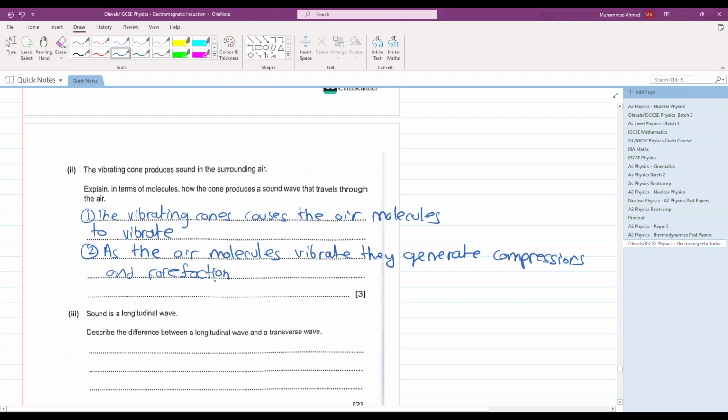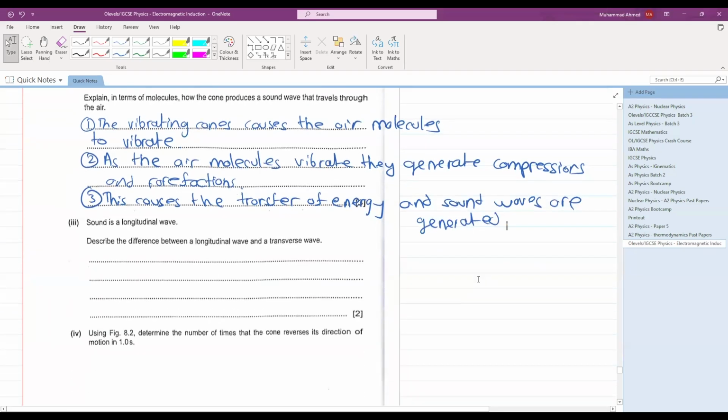Last point, this causes the transfer of energy, and sound waves are generated. Simple as that. Let's further move ahead.